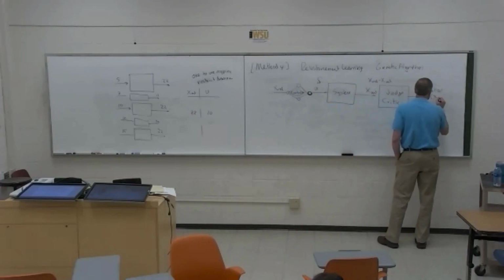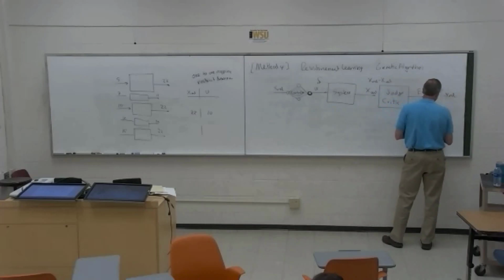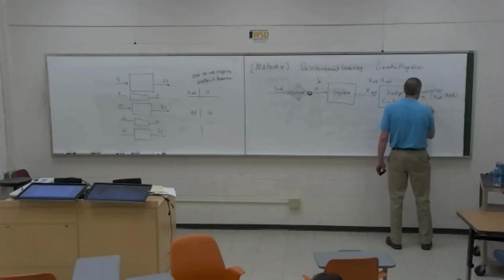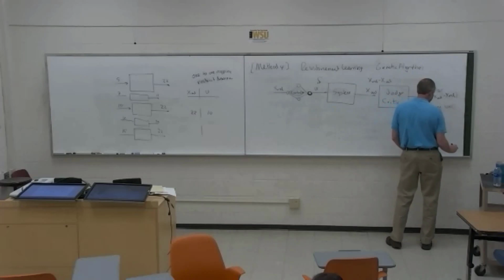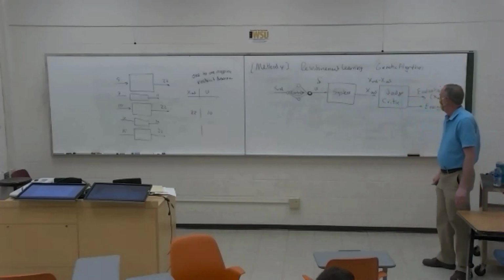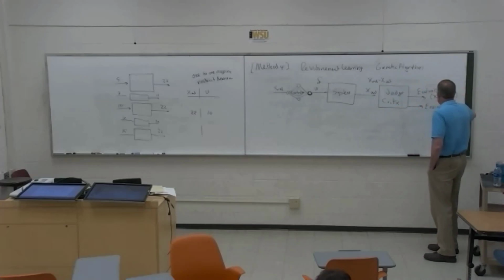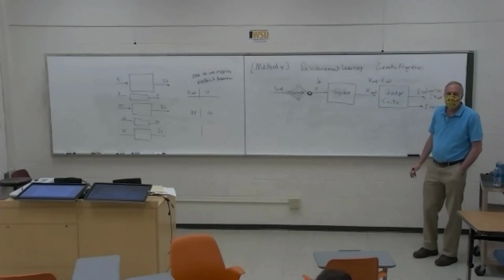We want some kind of maybe energy used. So there's more of the cost than just the error. So this judge would maybe add up the cost of tracking and the cost of the energy, and then that would be how well your neural net did as far as controlling.